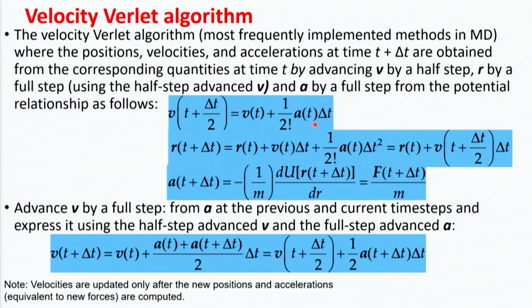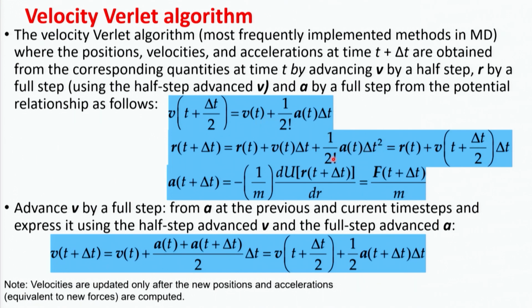Again we are taking the first two terms, v(t) plus half a(t) delta t. At the same time, r we are advancing one full step, not half step. Essentially r(t plus delta t). Again we are taking the three terms. Okay. So we are getting r(t) plus v(t) delta t plus half a(t) delta t square.